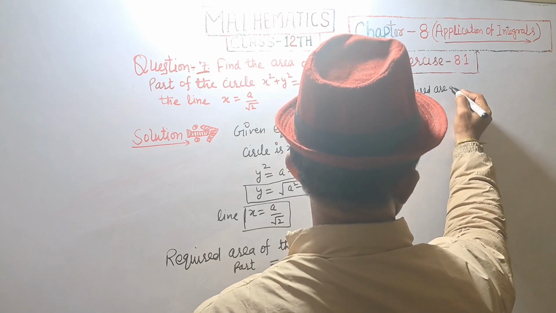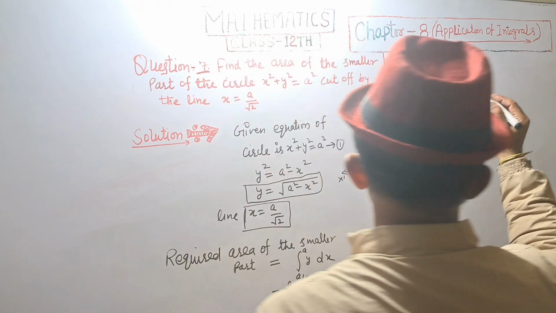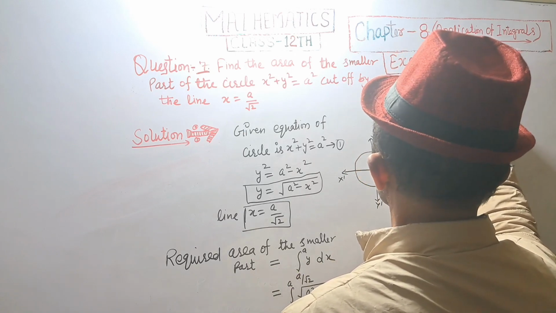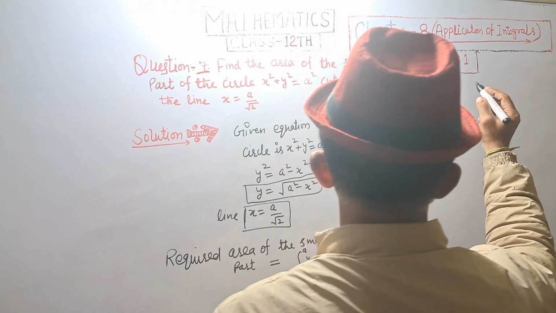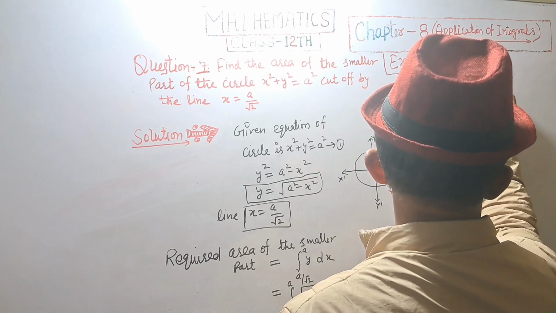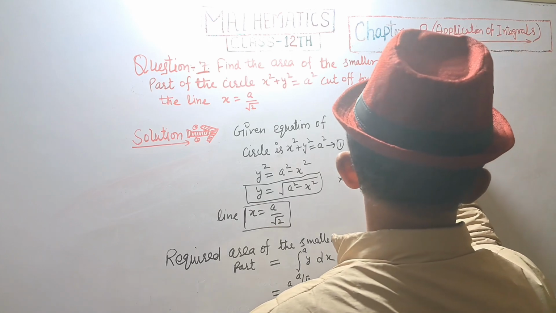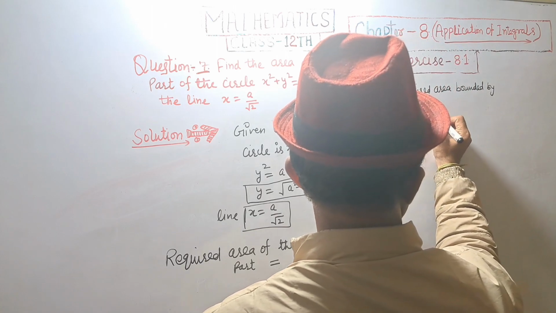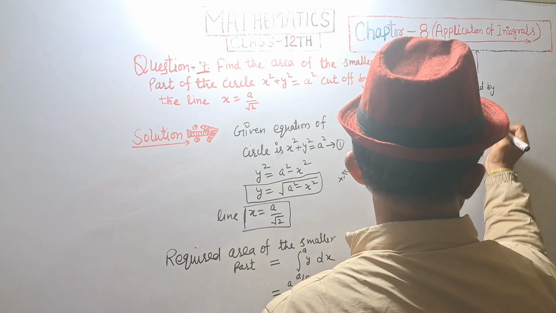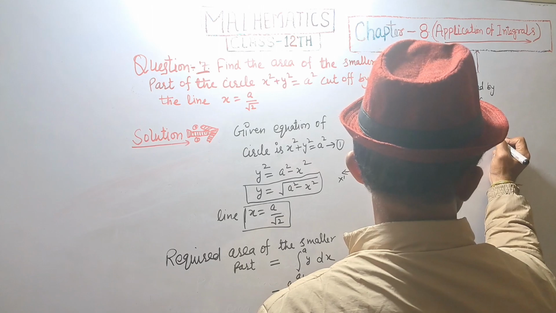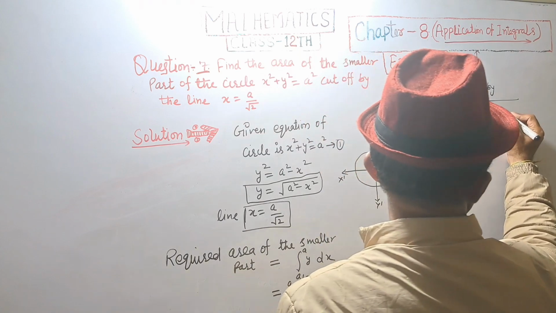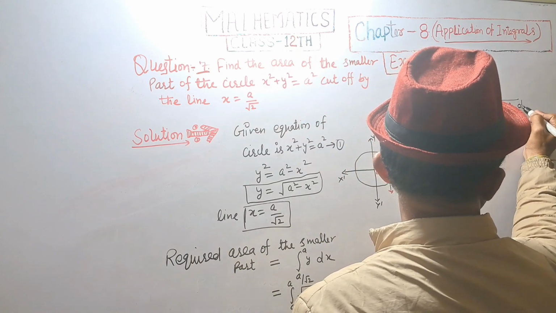Required area bounded by the smaller part is equal to limit a upon root 2 to a, root a square minus x square dx.